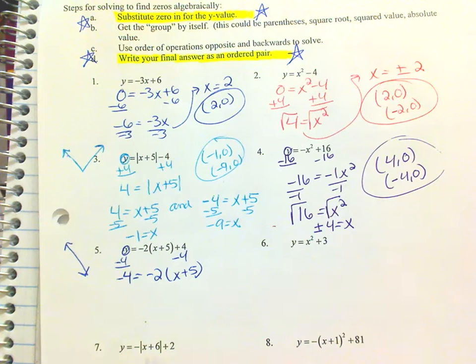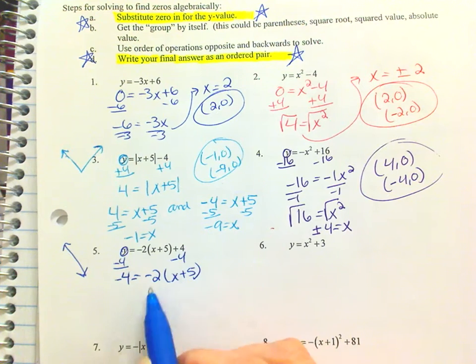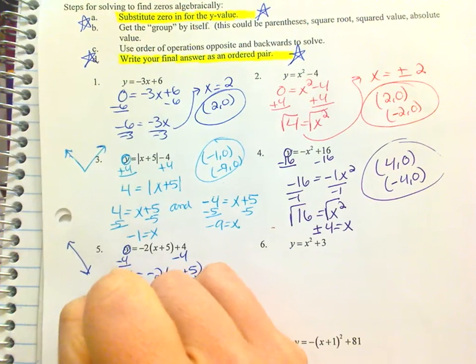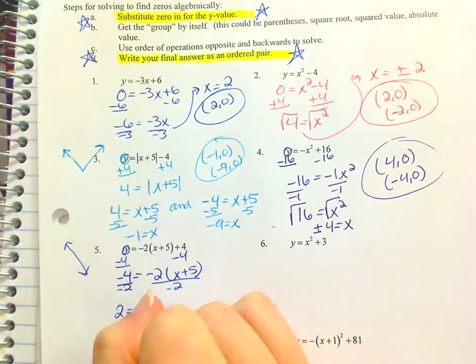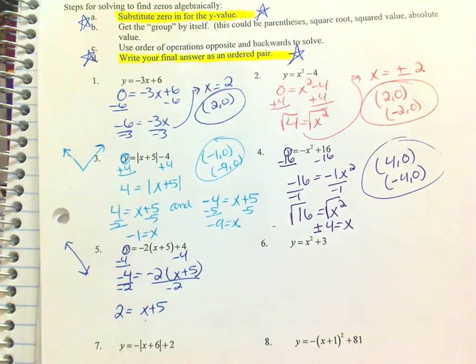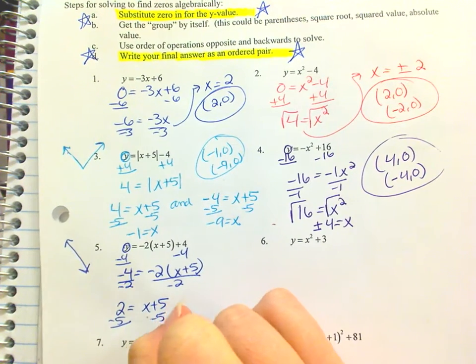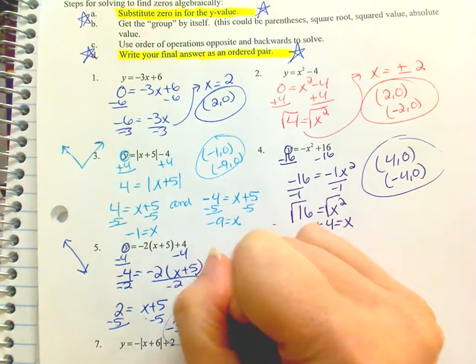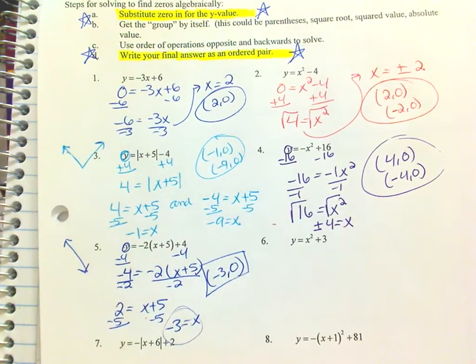Some people want to distribute, and that would be fine because there's not a squared here. But just to keep in practice with what we do with quadratics, we'll divide by the negative 2. So you've got 2 equals x plus 5, and then get x by itself, subtract the 5. So negative 3 is your solution. It will cross the x-axis at negative 3, 0.